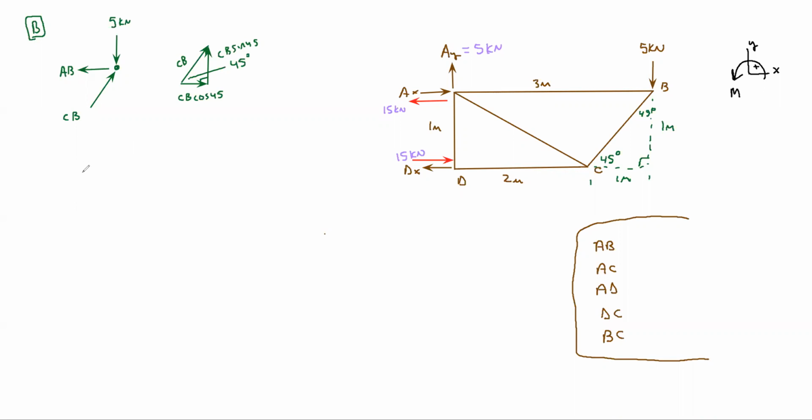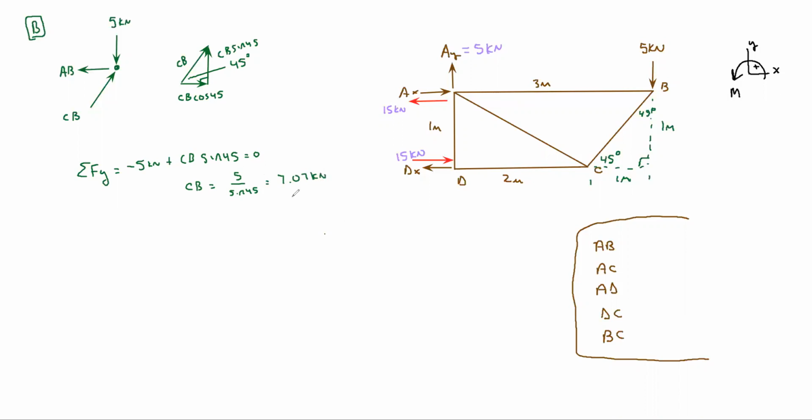Summation of force in the y direction, I'm going to start with that. Negative 5 kilonewtons plus CB sine 45 equals 0. CB is equal to 5 divided by sine 45, which is, I think, 7.07 kilonewtons.